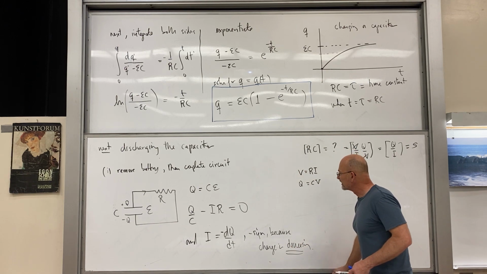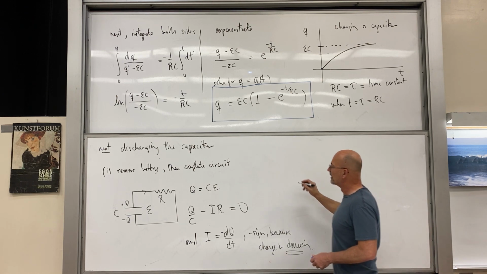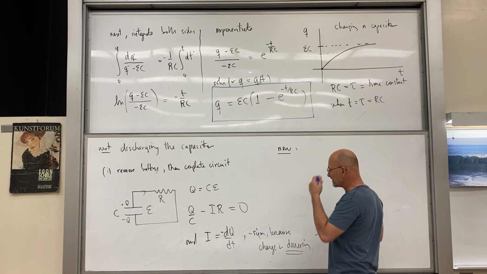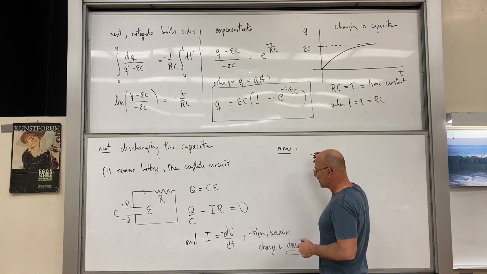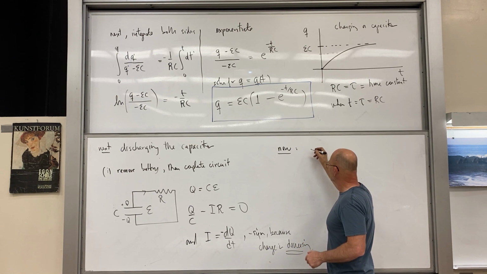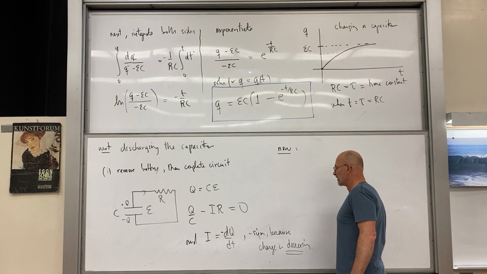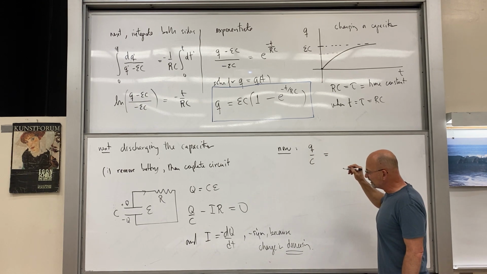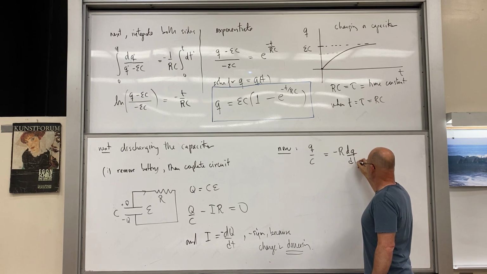Okay, so having said that, let's set up our equation. Now, what do we have? I can use lowercase q for what it's worth. q over C is equal to negative R dq dt.